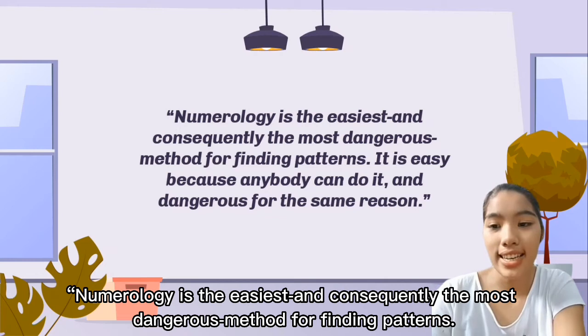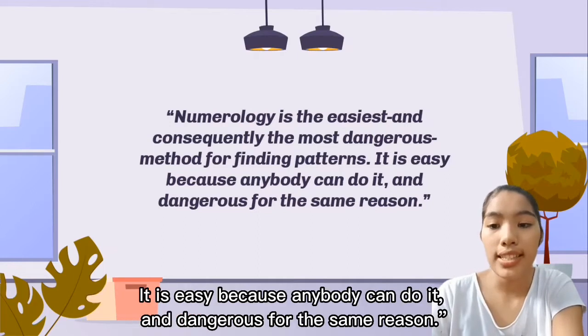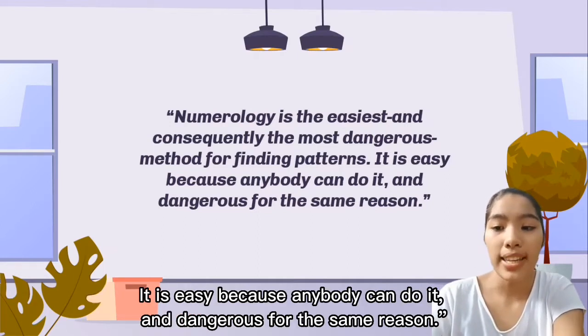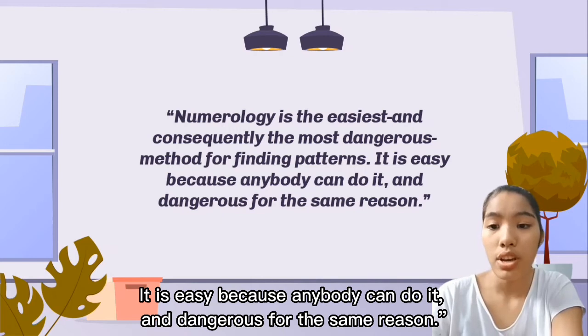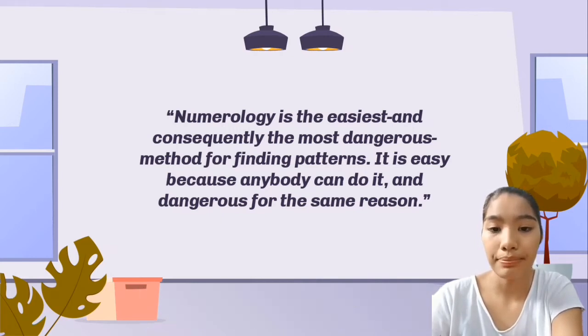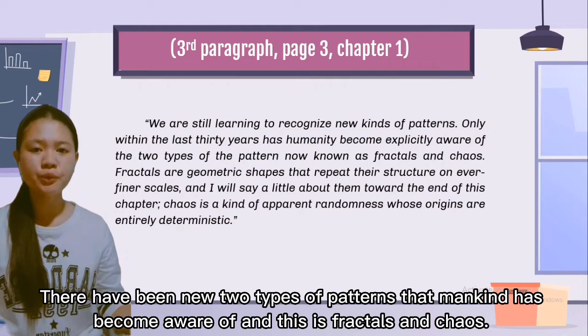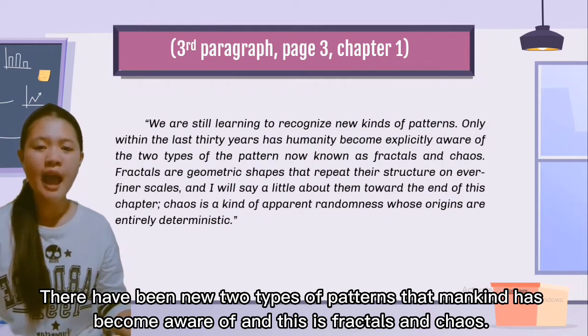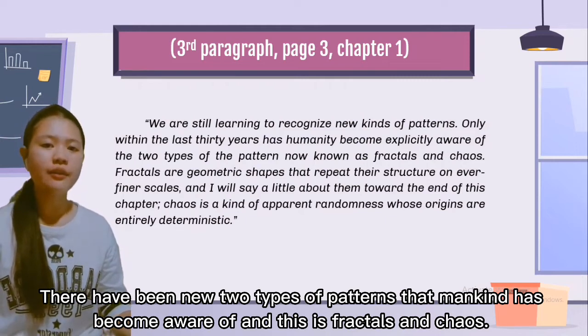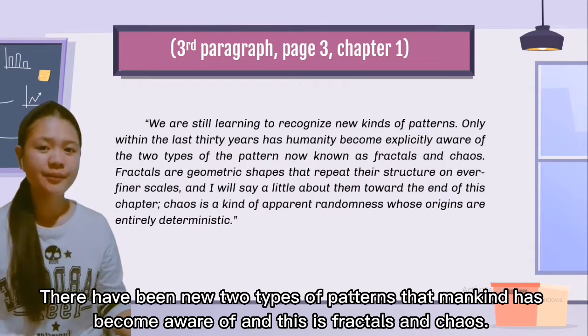Numerology is the easiest and consequently the most dangerous method for finding patterns. It is easy because anybody can do it, and dangerous for the same reason. There have been two new types of patterns that mankind has become aware of, and these are fractal and chaos.